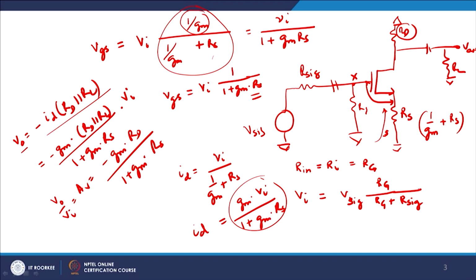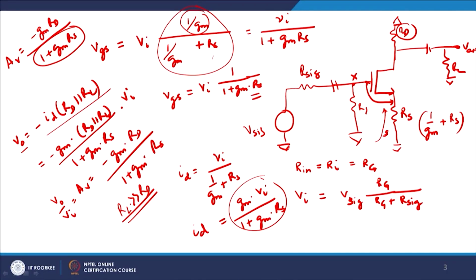If you look at the overall resistance, assuming that RL is much larger than Rd, which is also true, I get the overall gain Av equal to minus gm Rd upon 1 plus gm Rs. If you look carefully, the presence of Rs actually lowers the gain, because as you increase the value of Rs, the denominator increases and the gain starts to fall.